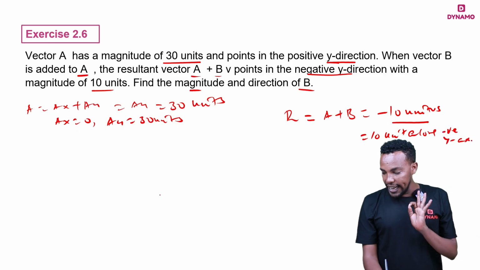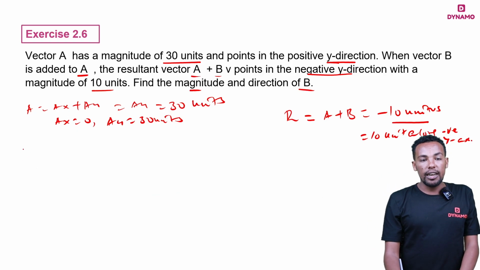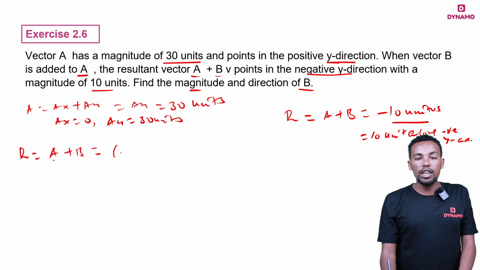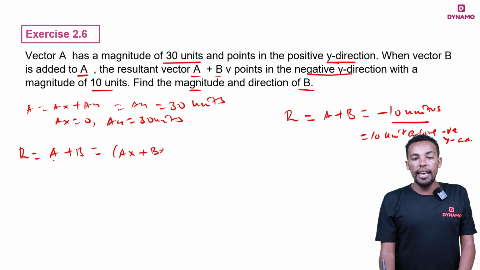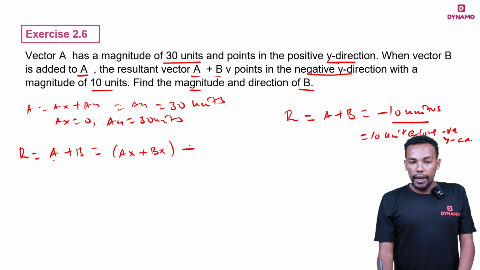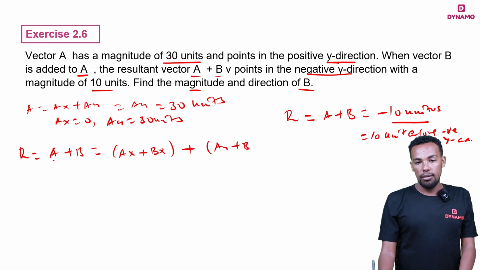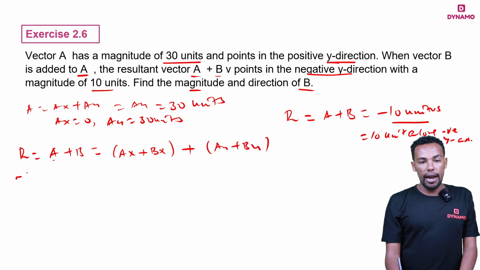The resultant vector R is equal to A plus B, so R is AX plus BX in the x component and AY plus BY in the y component. RY is minus 10 units.